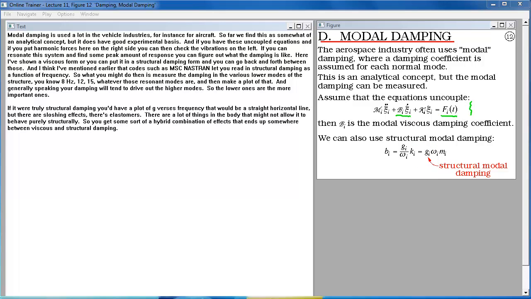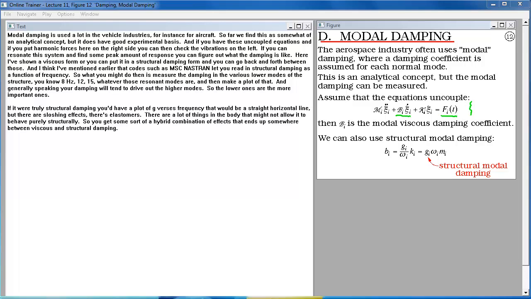And I think I've mentioned earlier that codes such as MSC Nastran let you read in structural damping as a function of frequency. So what you might do then is measure the damping in the various lower modes of the structure, you know, at 8 Hertz, 12, 15, whatever those resonant modes are, and then make a plot of that. And generally speaking, your damping will tend to drive out the higher modes, so the lower ones are the more important ones.